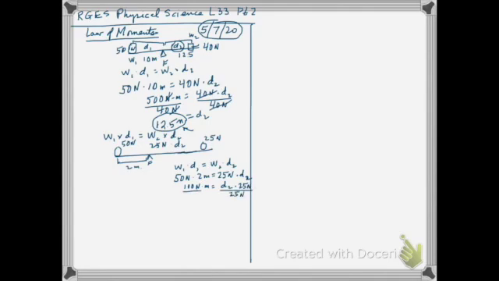But whatever we do to one side, we have to do to the other side. So this 25 newtons cancels. It's really like 1 over 1 or 4 over 4. It's the same as multiplying by 1. So we just cancel it out, and we are left with D2 on that side.